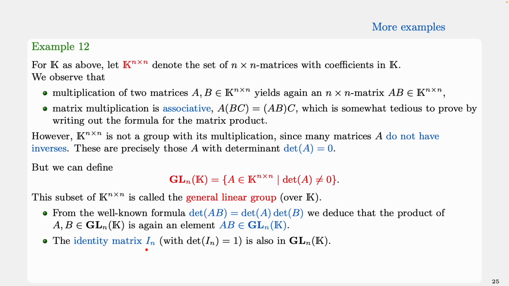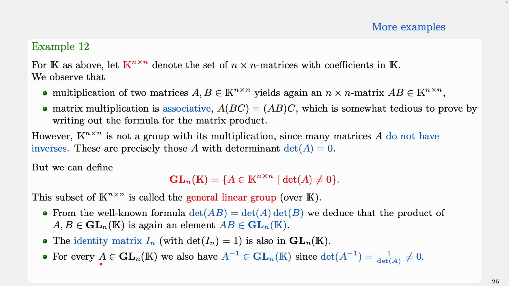We have a neutral element, namely the identity matrix, which is the matrix which has 1 on the diagonal and 0 everywhere else. It has determinant 1, so it's clearly contained in GL_n K. And for every element in GL_n K, we also have that its inverse matrix is contained in GL_n K. So first we know the inverse exists because this is equivalent to the determinant being different from 0.